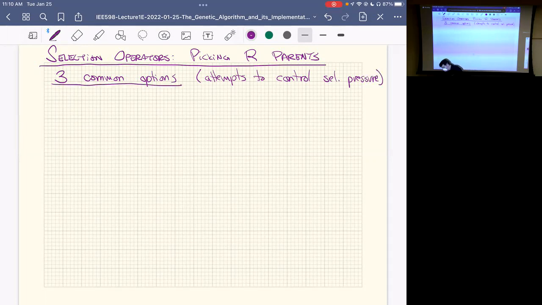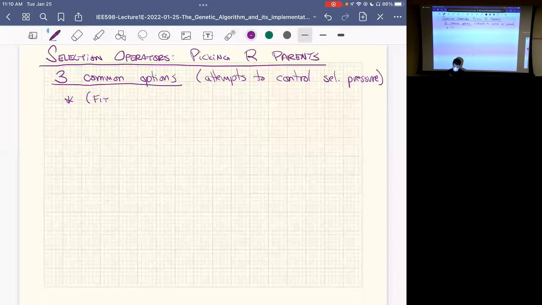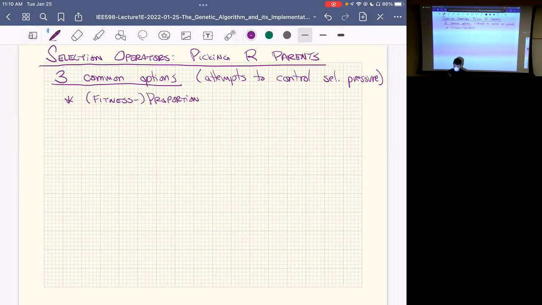All right, so the first one and the most common is proportionate selection, or so-called fitness proportionate selection. I'm going to put parentheses around "fitness" because sometimes it is dropped. This is also sometimes called roulette wheel selection, for reasons we might see in a second.